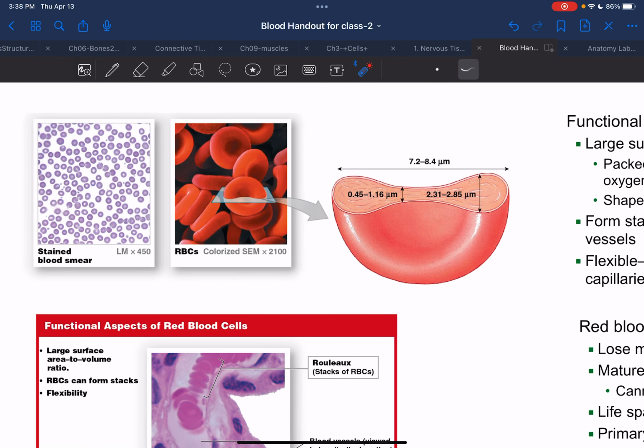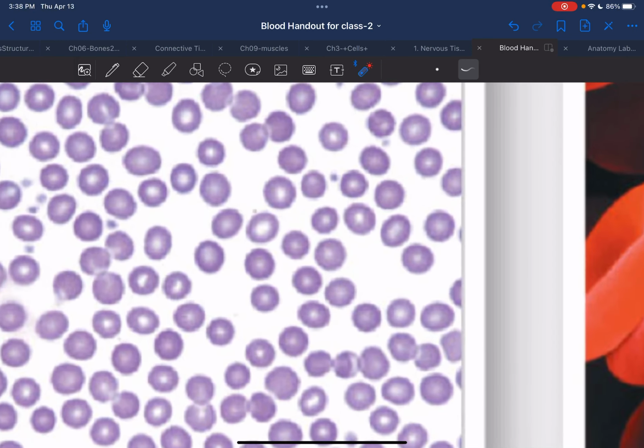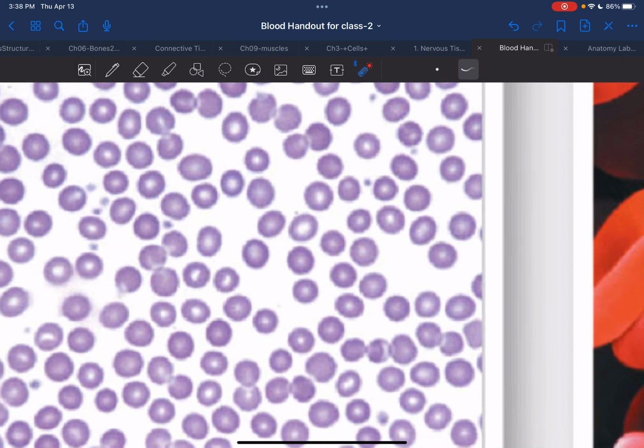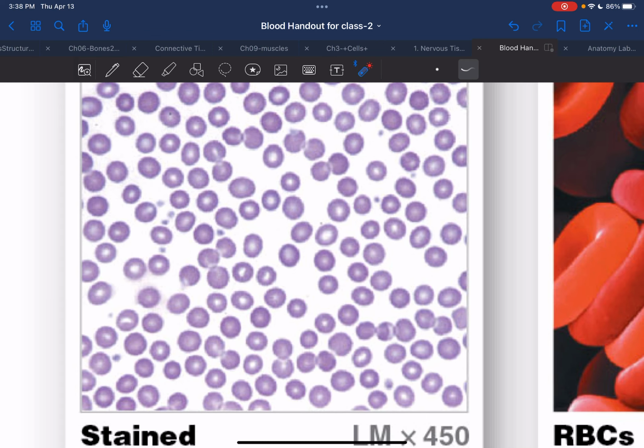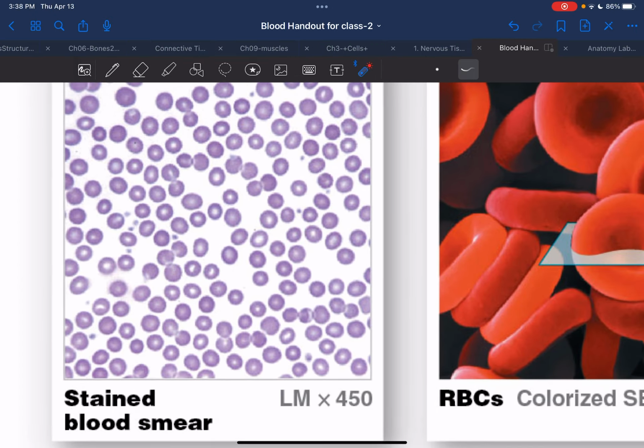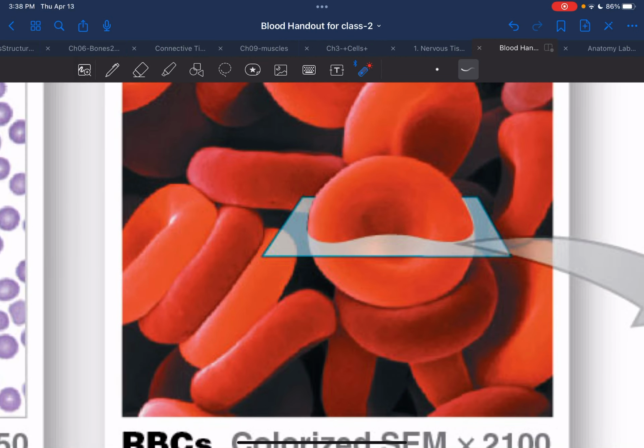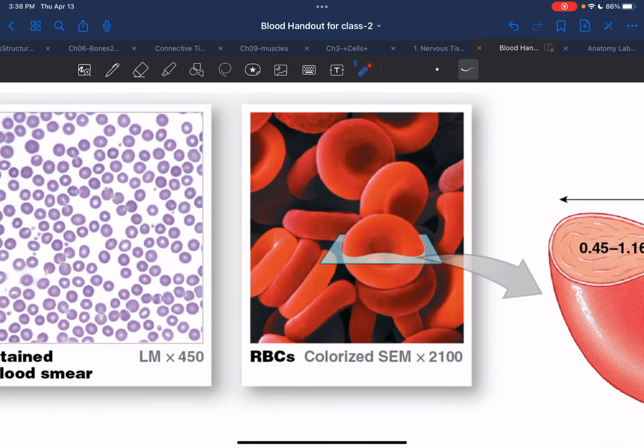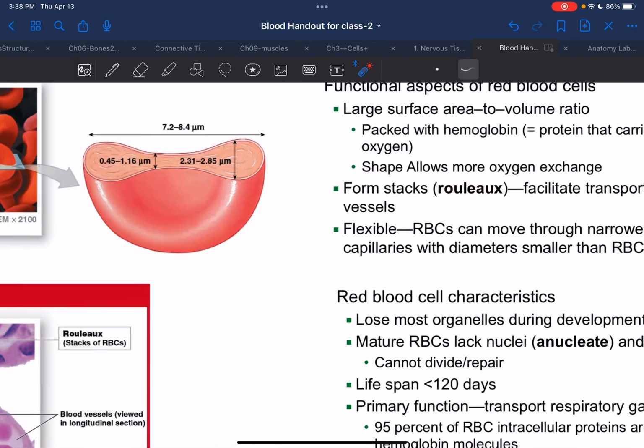When we look at their overall profile under a microscope, this is probably what you saw. You can see all these little red blood cells. We're not seeing any white blood cells in this one. You may notice there's a little indentation or gap here in the center. If you zoom in on them, you see that they have a concave disc shape. This shape provides a few things.